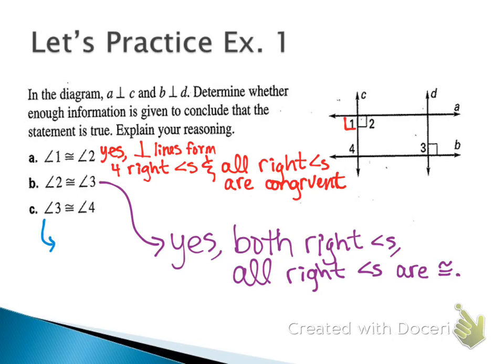So let's mark the angles that we know are right angles. If A and C are perpendicular, we know these are all right angles up here. We also know that B and D are perpendicular, so these are all right angles down here. Does that tell us anything about the intersection where angle 4 is? Do I know anything about the intersection of lines C and B?